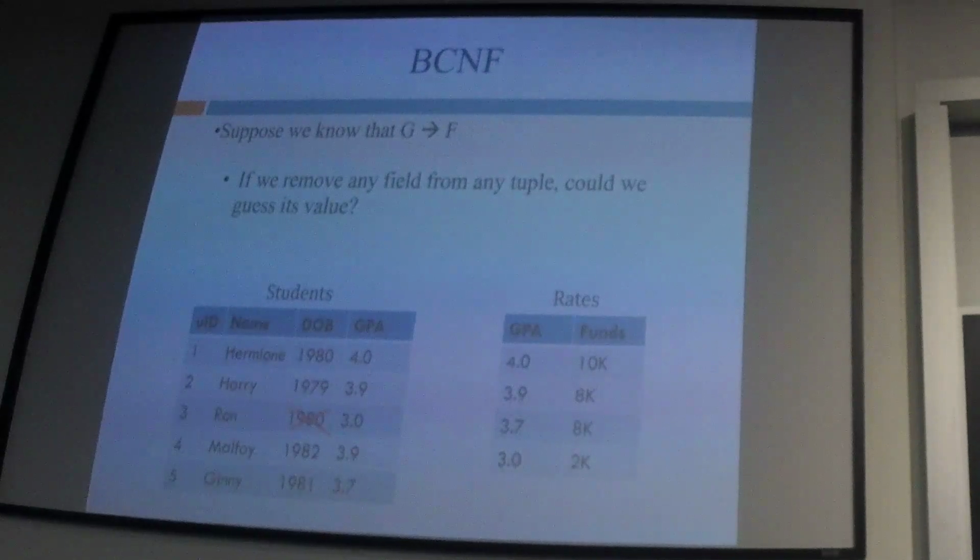No. Even knowing all of the functional dependencies that I have and all the other information, it doesn't tell me Ron's birthday. Let's pick another one. If I remove that cell, can I infer its value? No. Same thing goes for a cell on the left side here. If it's not in the table, then I don't know its value.